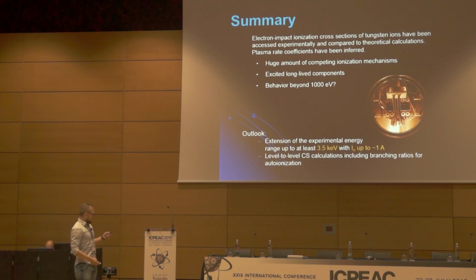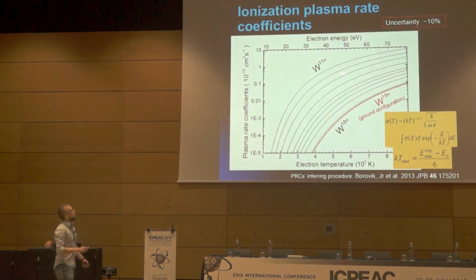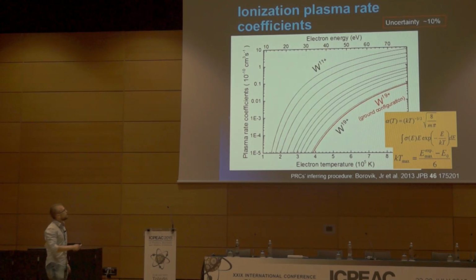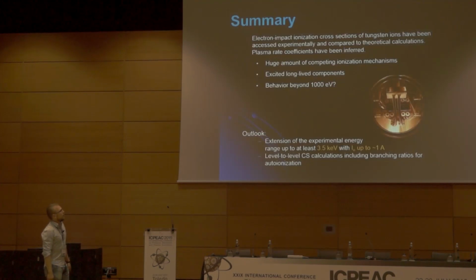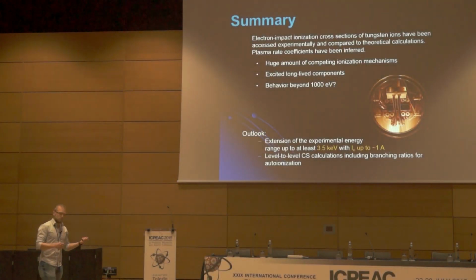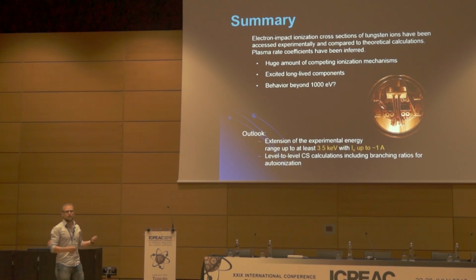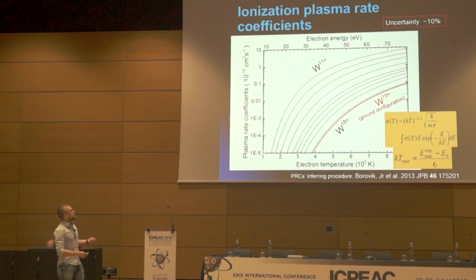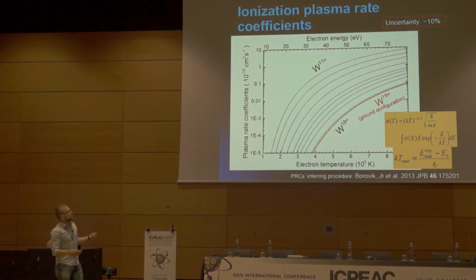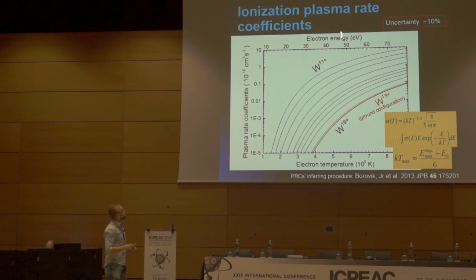And here, for instance, in order to extend the temperature range for the plasma rate coefficients, normally, as we did for xenon, for example, we have used the theoretical data in order to extrapolate the experimental data energy range, which is quite limited. In this way, we could extend the temperature range up to 1.6 keV or something like that.